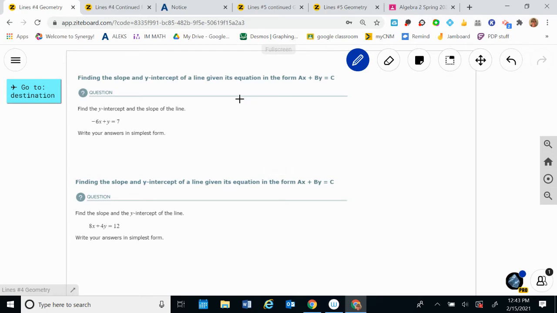Now they're giving it to you in standard form. This is called standard form, right? And now they want you to get the slope and y-intercept. Well, guess what? You need to change it to y equals mx plus b form. So we have to solve for y. We have to get y by itself.